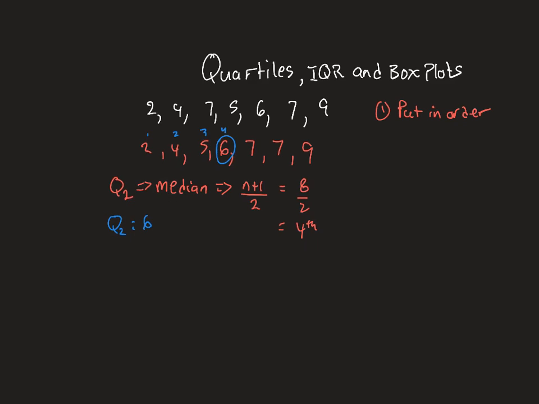Now, to find my Q1 and Q3, there is a reason why we divided by 2 in the formula, and that's because the median happens after 50% of my data has happened.